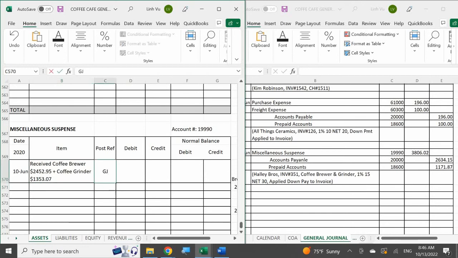Okay, we're still on General Journal page 3. And we're going to debit that total amount of $3,806.02. Just exactly what was on the bill. Okay?